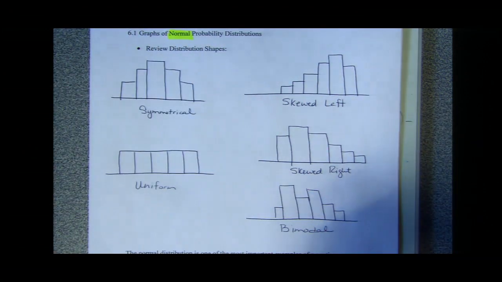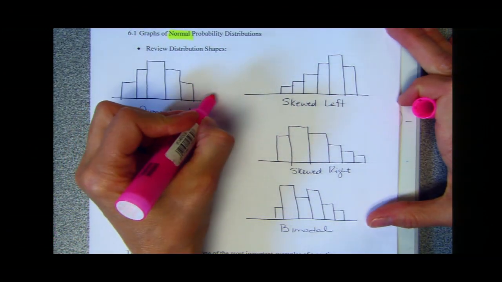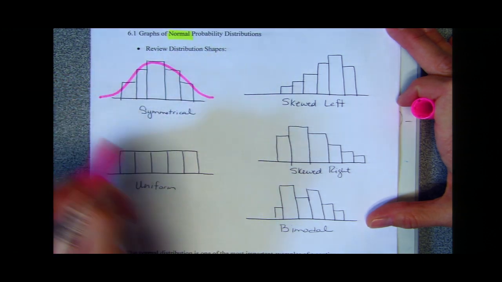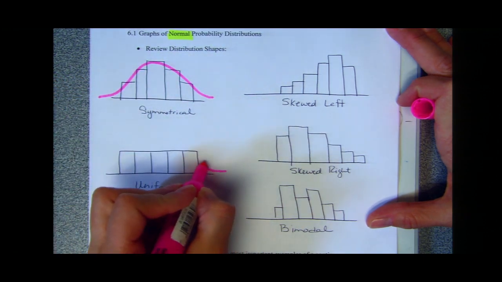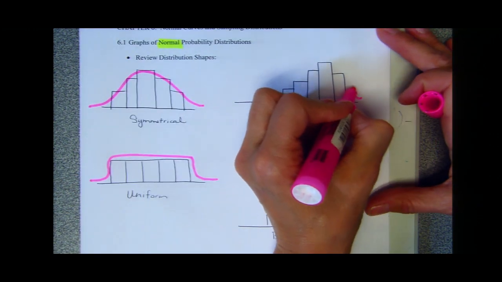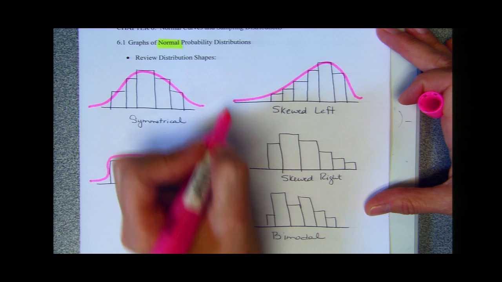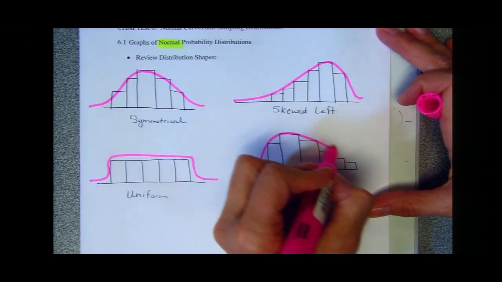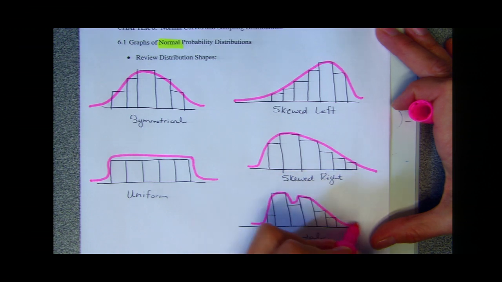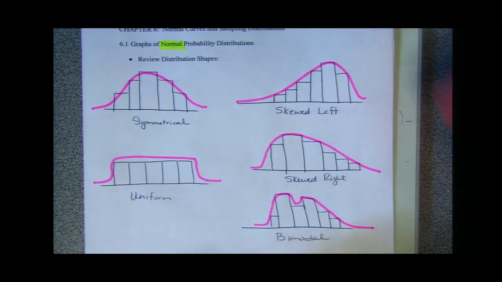If we were to connect the tops of the bars, it helps give us a visual when we look at these to say, okay, what might be considered normal?